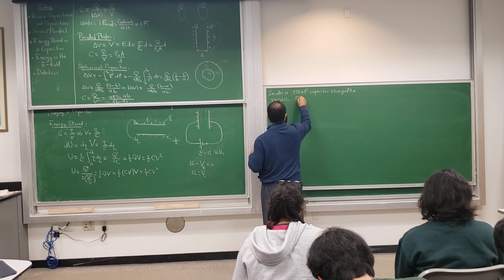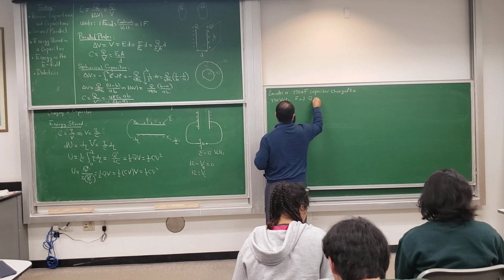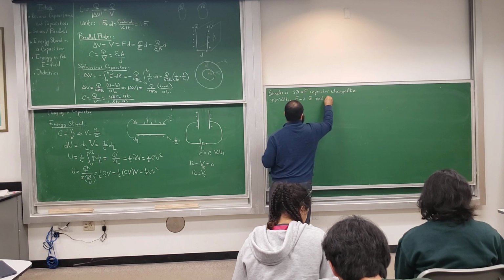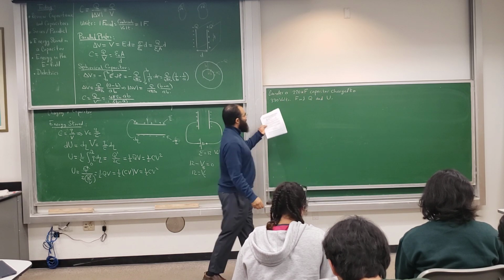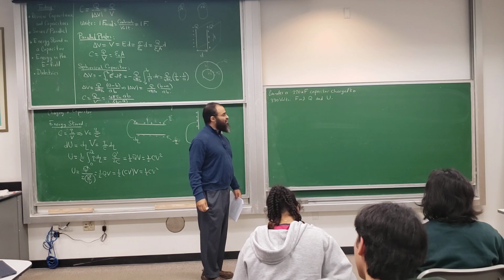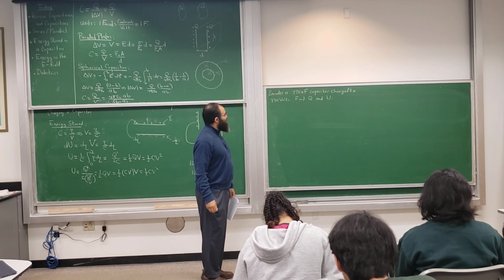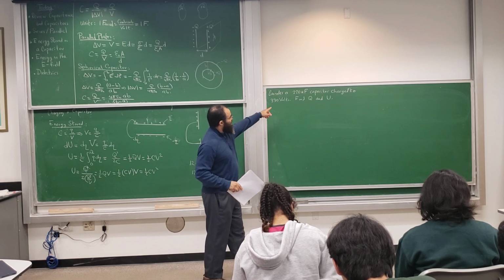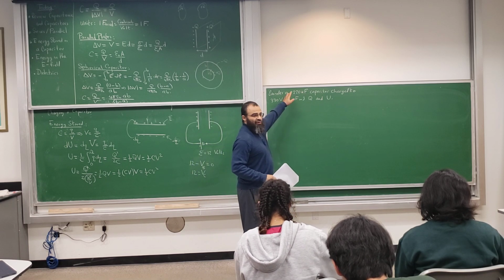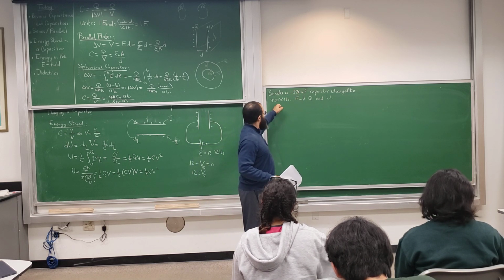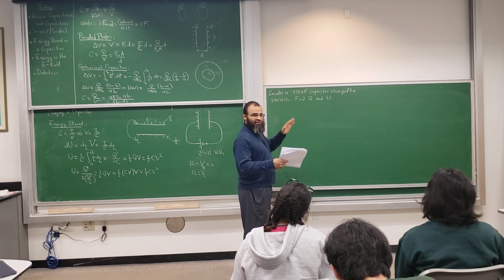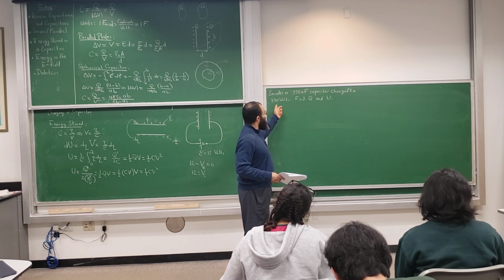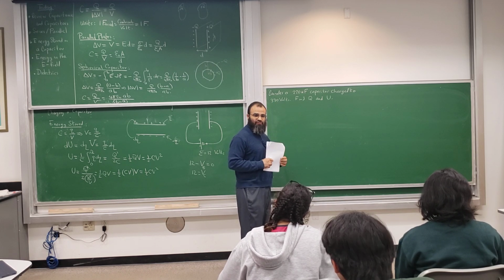Find the charge on this capacitor, and then how much energy is stored. The capacitor is 220 microfarads, and the potential difference between its two plates is 330 volts. Find Q and U.